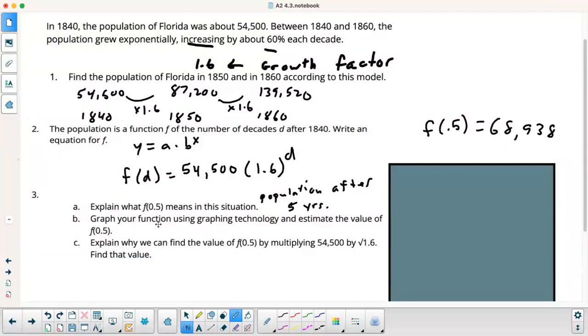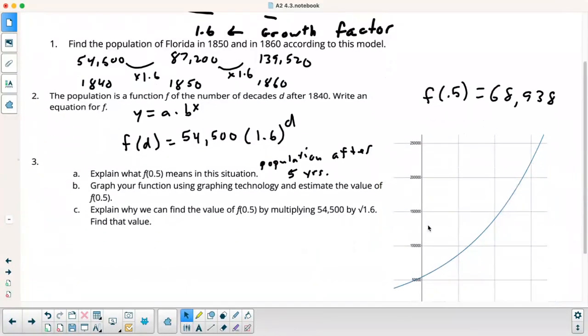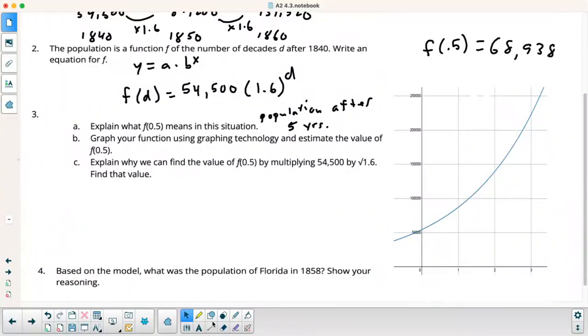All right, graph your function using graphing technology and estimate the value. So I already graphed it. So as I look here, 0.5 would be right about here. And then I'd have to go over here and look on my graph. And I'm going by 50,000.